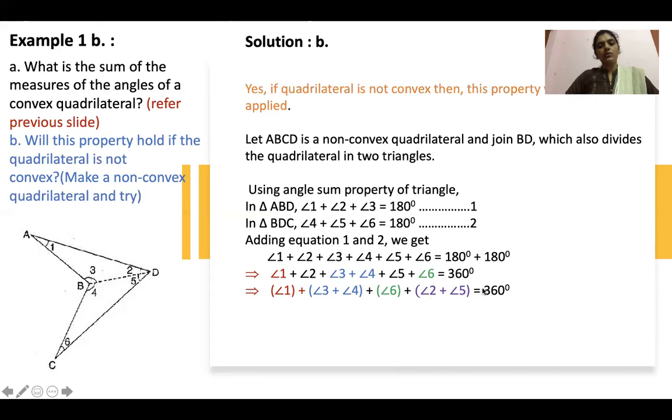This all sums to 360 degrees. So if we put in the values of these angles, 1 equals A, 3 plus 4 equals B, 6 equals C, and 2 and 5 equal D, all together it is equal to 360 degrees. So here we have 360 as the sum of the angles of a non-convex quadrilateral.